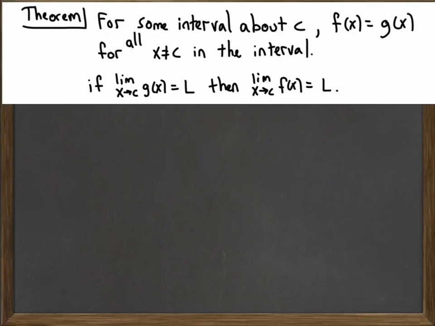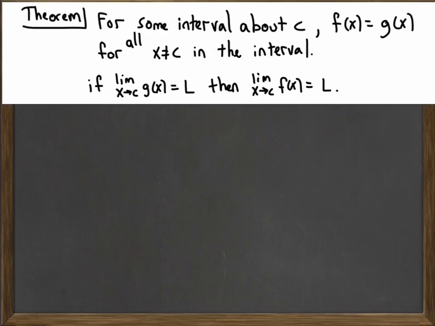And so they're exactly the same everywhere else. Then if the limit as x approaches c of g of x is L, then since f and g agree everywhere but the one place where the limit doesn't care about what's happening, the limit as x approaches c of f of x would be equal to L.